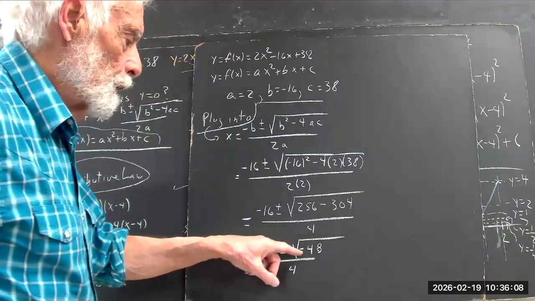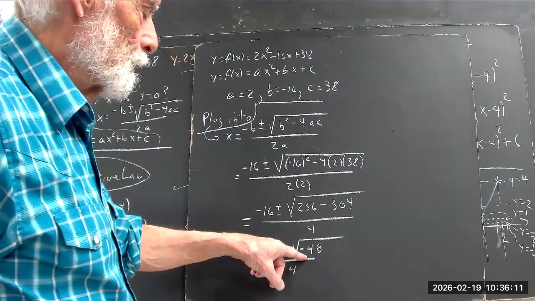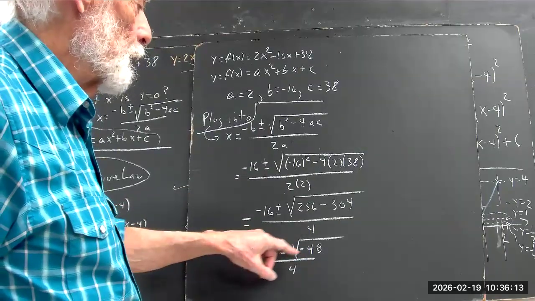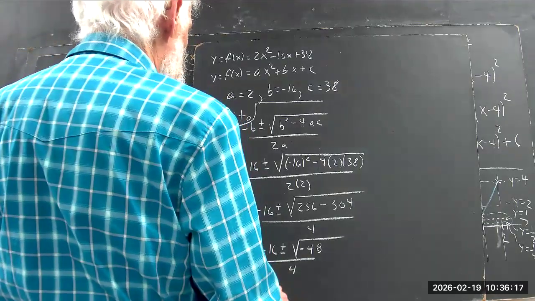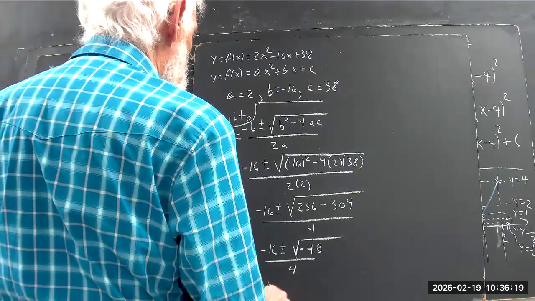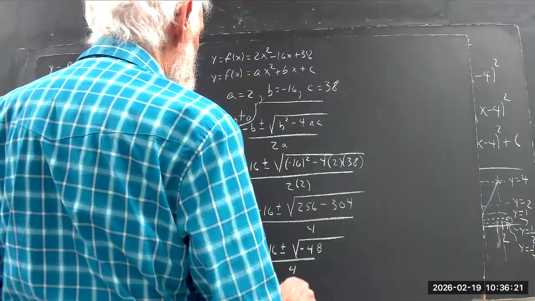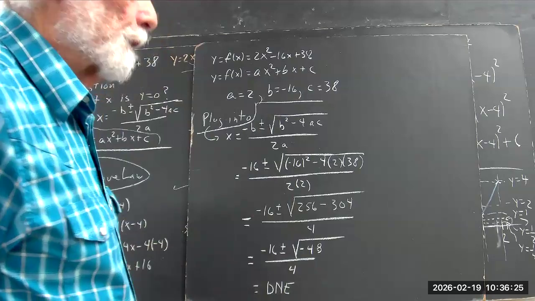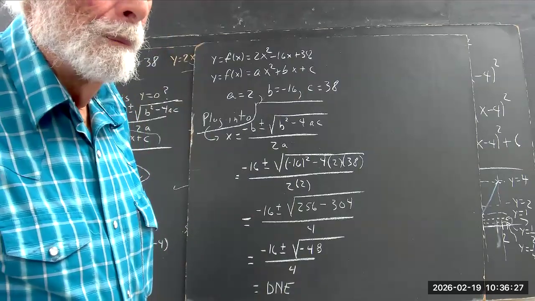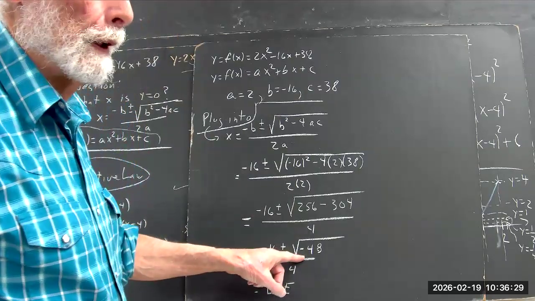If you try to do the square root of negative 48, you find that it does not exist. This number does not exist, okay? Because you can't do the square root of a negative.